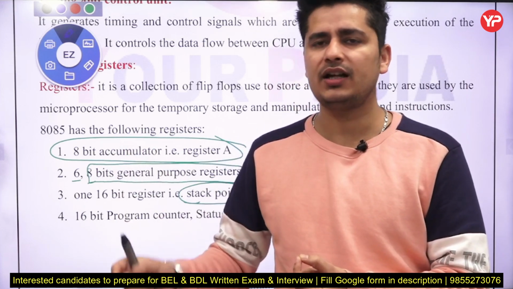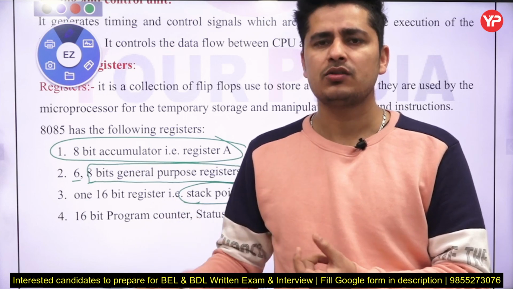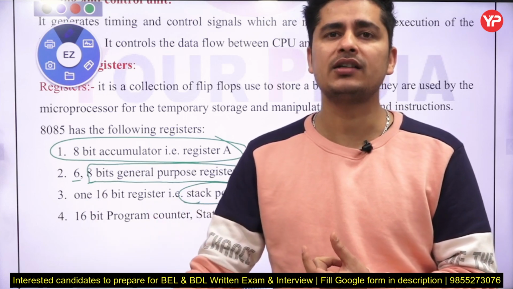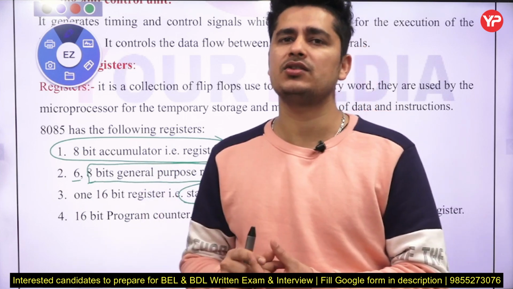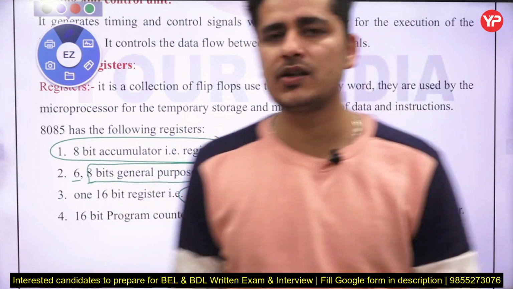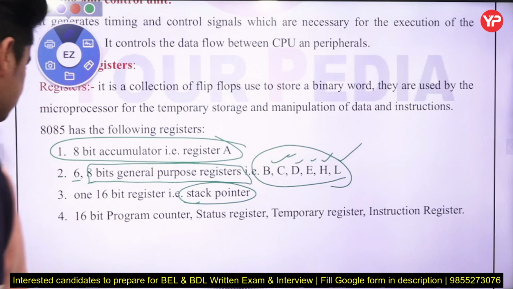Let us say you are adding something, so the stack pointer will store the next instruction which we have to perform. The address of that instruction will be stored by this 16-bit stack pointer.